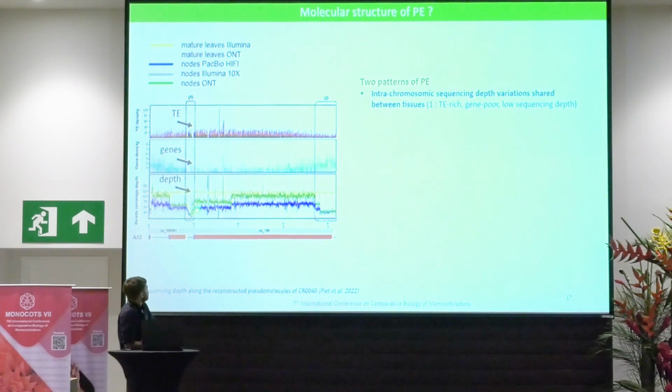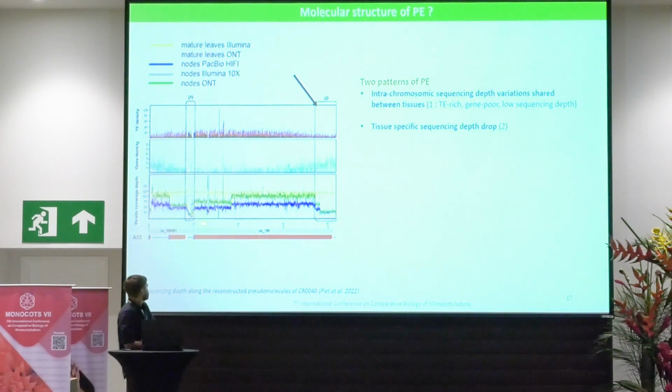These regions are characterized by few genes, and a peak of unclassified retrotransposon that we need to investigate further. The second pattern corresponds to regions where a drop of sequencing depth has only been observed for nuts. It also seems to be haplotype specific, with this drop only occurring in one of the haplotypes.